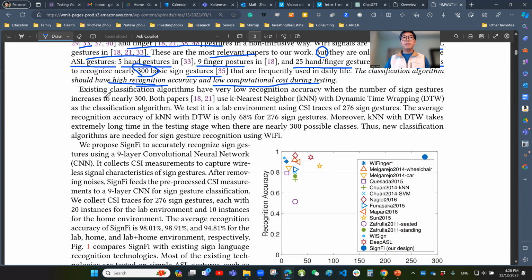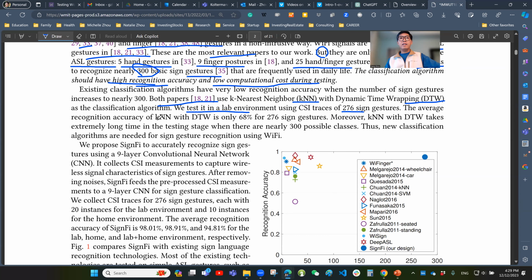Okay, there are more. Existing classification algorithms have very low recognition accuracy when the number of sign gestures increases to nearly 300. For example, these 2 papers, using KNN and DTW, which we tested in a lab environment with CSI traces of 276 sign gestures.